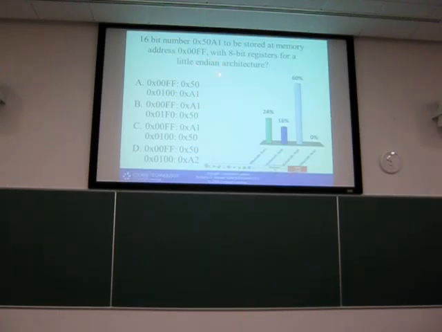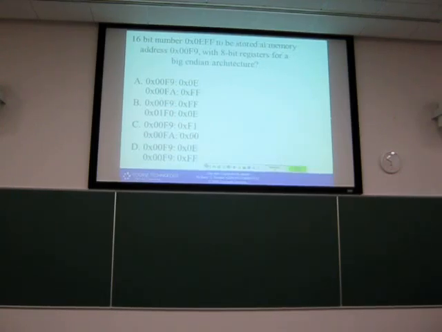Little endian means I have to store the lower byte first, which is this one, and then the higher byte, which is this one. And after FF, it becomes 1, 0, 0. Does everyone understand this? Okay. So now everybody understands. This one I should get 100%.